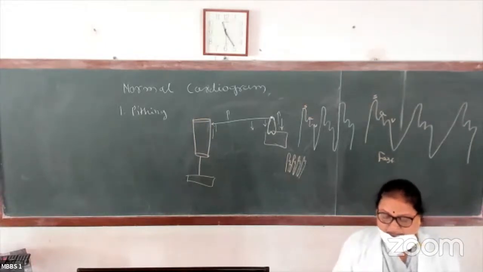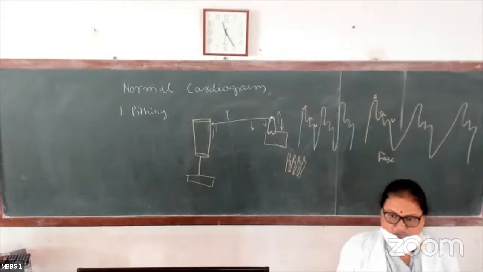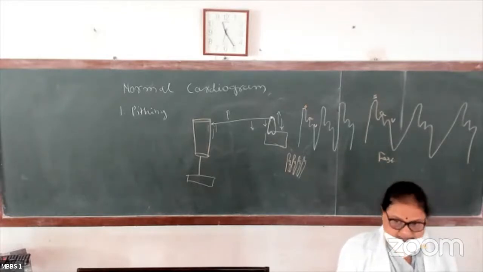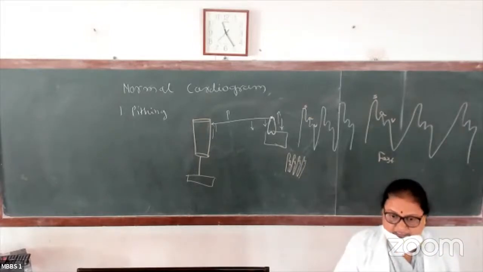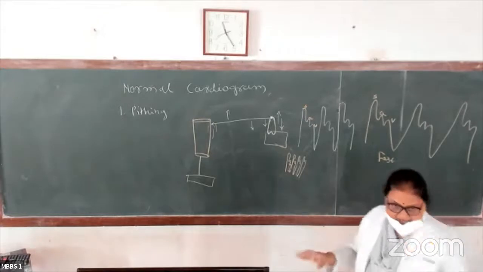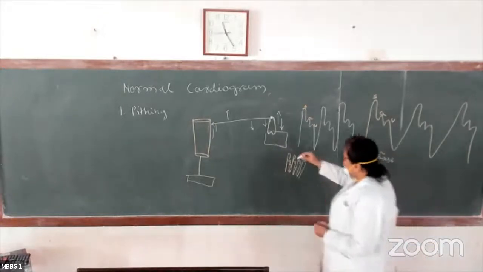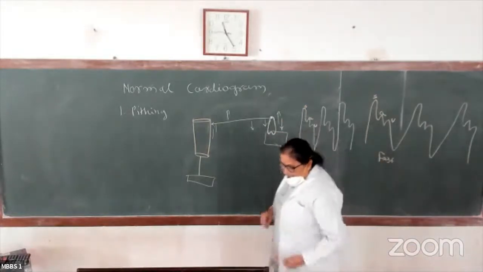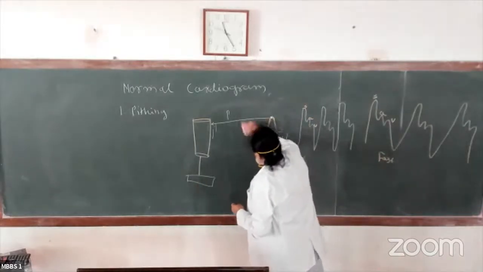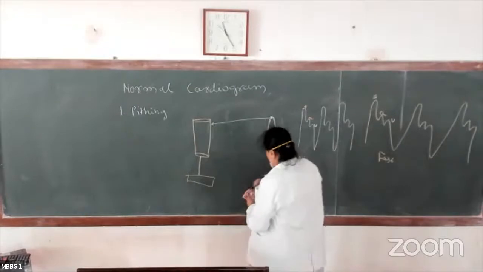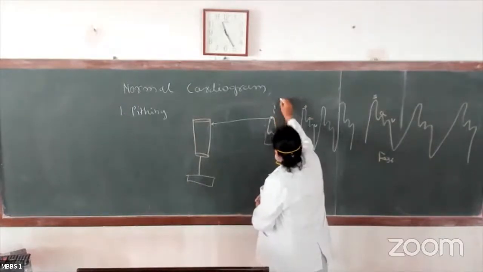So first, the normal ringer solution at 27 degrees Celsius, normal room temperature, we add on the frog's heart. Mounting of the frog is like this. With the help of a dropper, we add 2 to 4 drops of the 27 degrees ringer solution on the frog's heart.